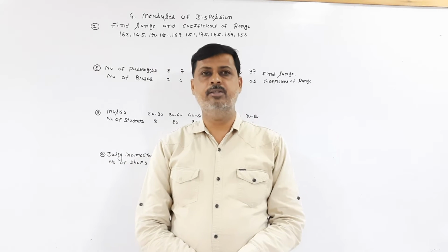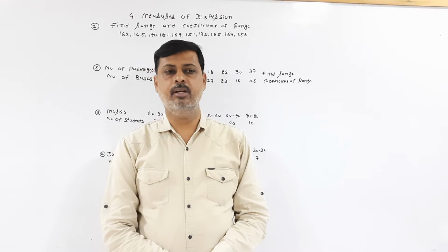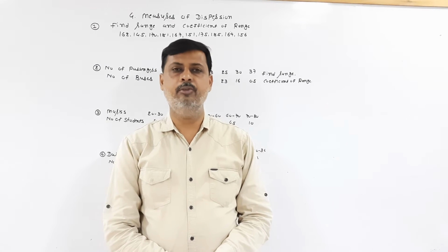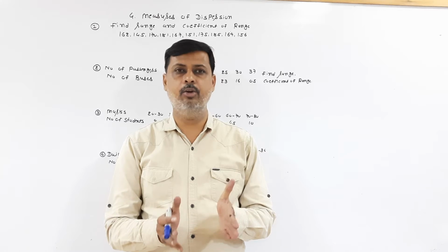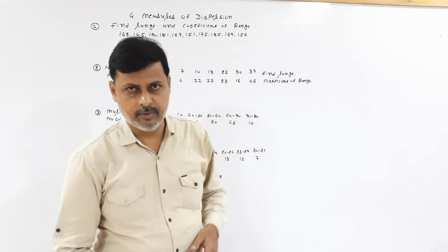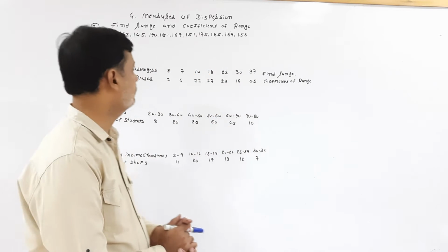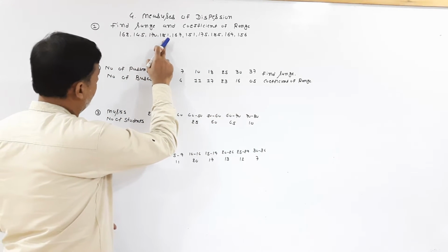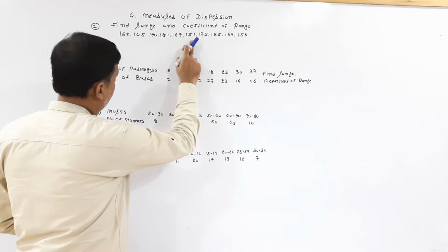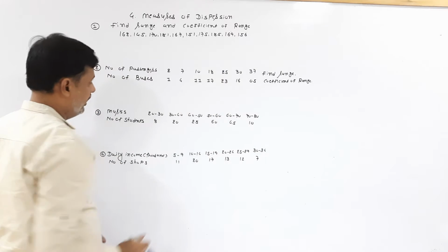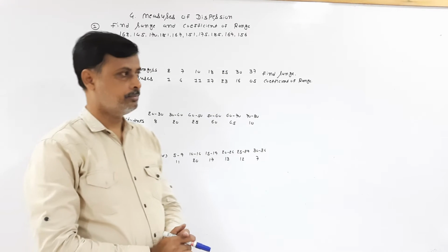Now, in this example, the heights of 10 students are given in centimeters. From this information, we have to find the value of range and coefficient of range. A very simple example: 162, 145, 170, 181, 167, 151, 175, 185, 169 and 156.